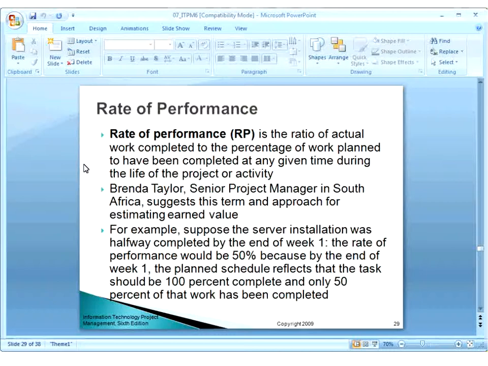For example, suppose the server installation was halfway completed by the end of week 1. The rate of performance would be 50% because by the end of week 1, the planned schedule reflects that the task should be 100% complete. So if it is 50% complete, then the ratio would be 50%. Only 50% of the work has been completed.